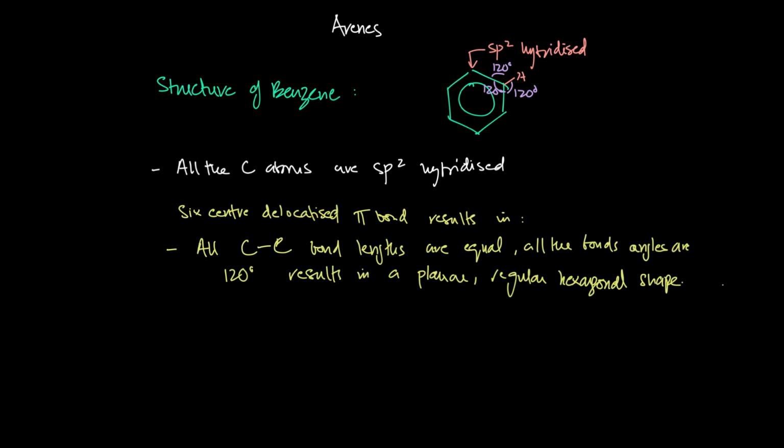Another thing that this delocalization does is that, unlike alkenes, where the double bonds were much more reactive, the pi bond was very reactive in alkenes. Does anyone remember the reaction that alkenes underwent? What's the mechanism for alkenes? No, the mechanism, not the reagent.